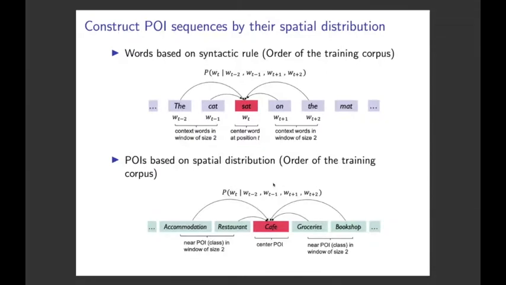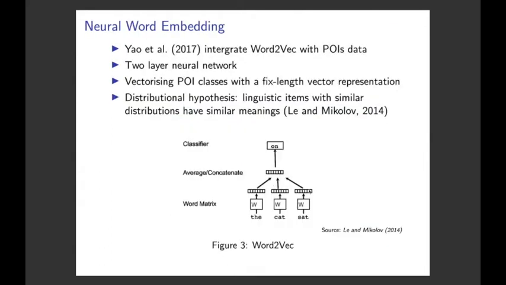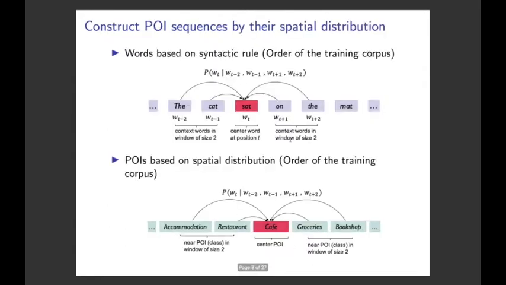To explain this model better, in the input layer we need to tokenize the sentence, such as this line, "the cat sat on the mat." If we use the word-to-vector model for natural language processing, we want to predict the central word from its surrounding words, which means we have to set a window size.